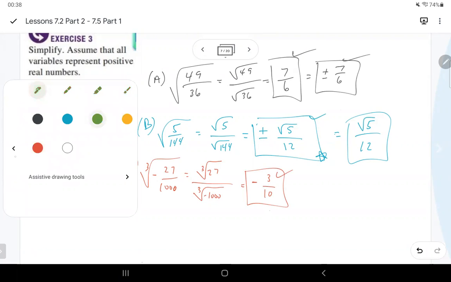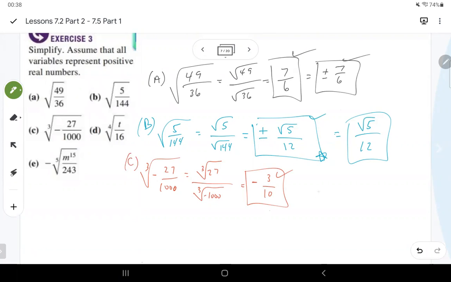Okay, D, the 4th root of t over 16, which is the 4th root of t over the 4th root of 16, which is the 4th root of t, which doesn't really change, over 2. Again, you could have the plus or minus.